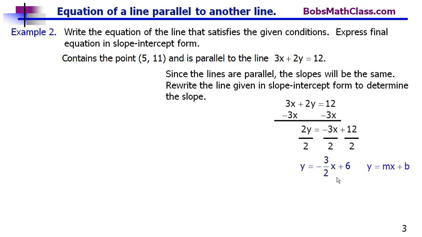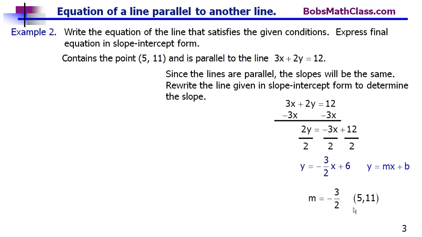Now we can compare to y equals mx plus b. And what is our slope? Right, it's negative 3/2, the number that's in front of x. Okay. And we have m, and this is the point, just rewriting it over here, 5, 11.